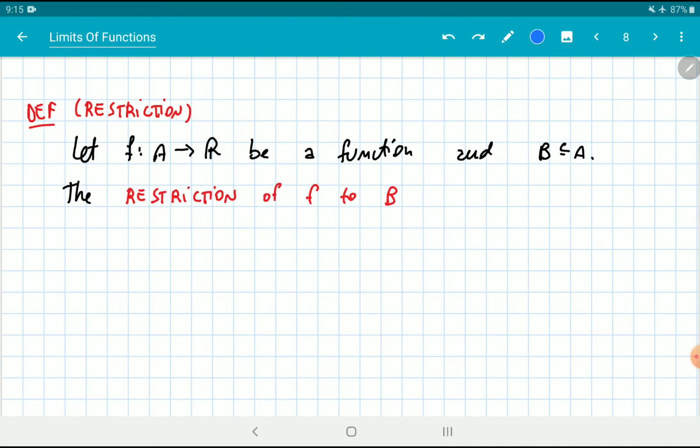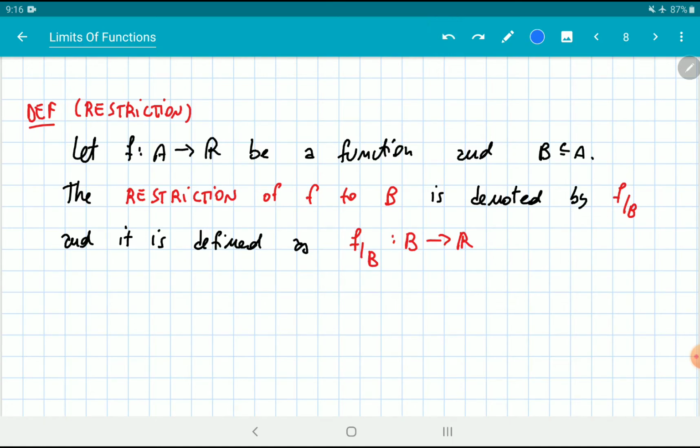The restriction of the function f to B is denoted by the following symbol: f with a straight line, sub B. And this is defined as the following function. It's a function with domain B that goes into the reals, and such that the rule defining it is the same that defines f.